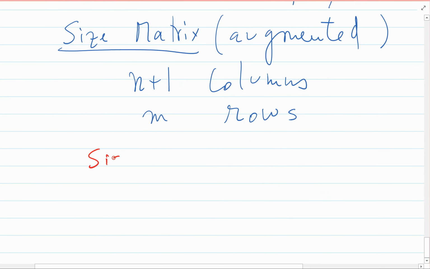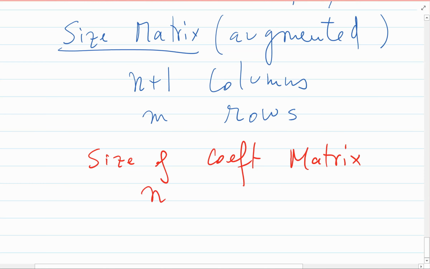It is going to be n for the number of columns, the number of unknowns, and m, which is the number of rows.